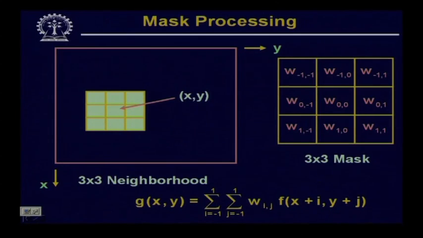This means that if I place this mask on the image centered at location x y, then all the corresponding pixels under this mask and the corresponding mask coefficients are multiplied together, then we take the sum over all such mask locations. And what I get gives me the intensity value of the processed image G at location x y.